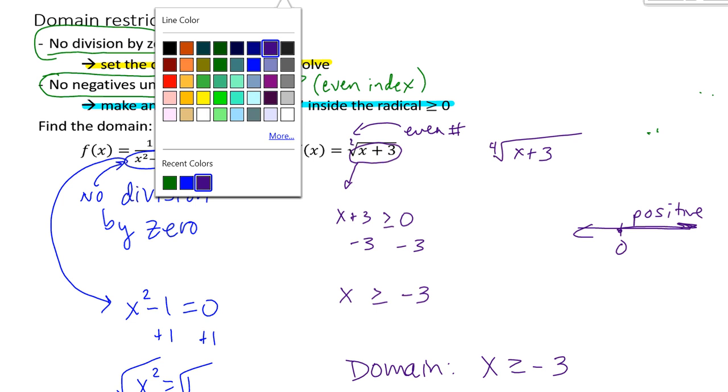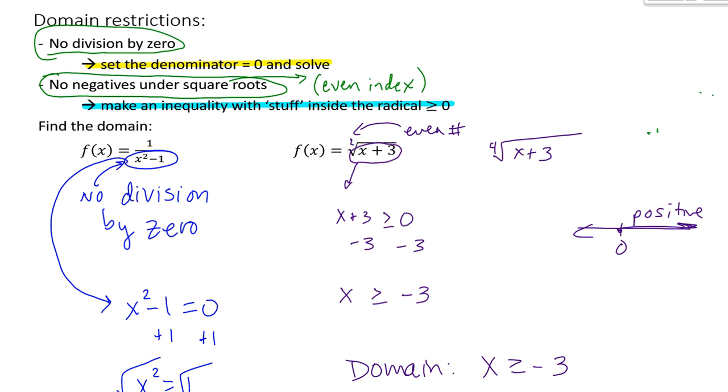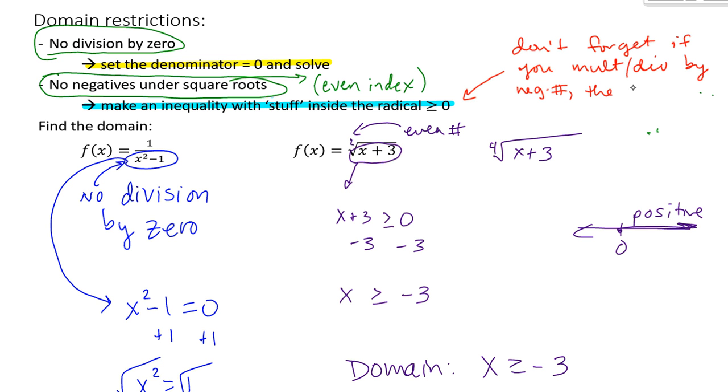For this one right here, with the whole negative number underneath the radical, don't forget the golden rule of inequalities. If you multiply or divide by a negative number, the inequality switches directions.